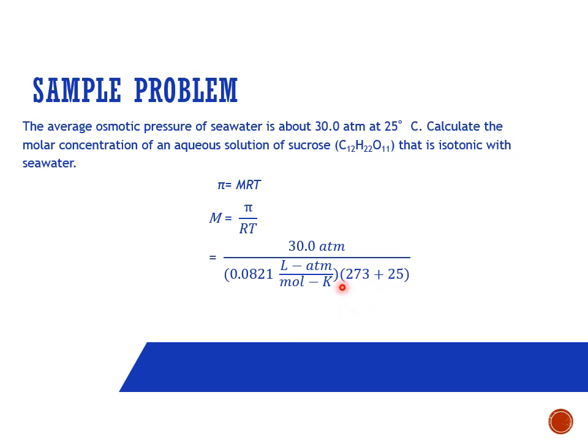So, bakit natin inadd sa 273? Kasi yung 25 degrees Celsius, kinonvert natin sa Kelvin. So, ma'am, bakit kailangan po nating i-divide sa Kelvin? Kasi, naka-Kelvin yung unit ng gas constant. So, to cancel, magiging Kelvin na yung unit ng temperature since yung degree Celsius, kinonvert natin siya sa Kelvin.